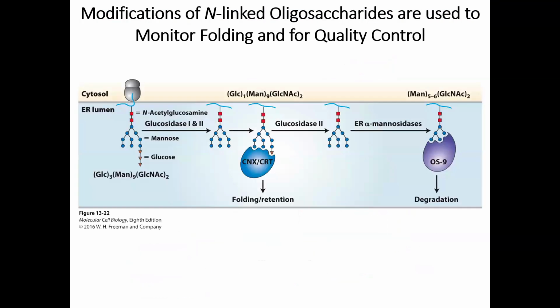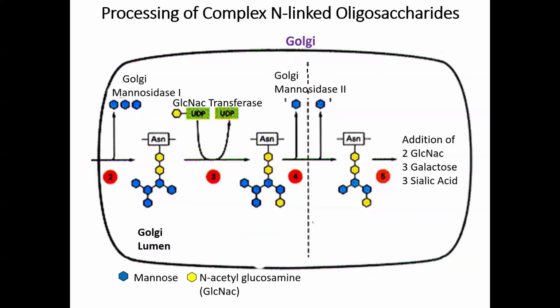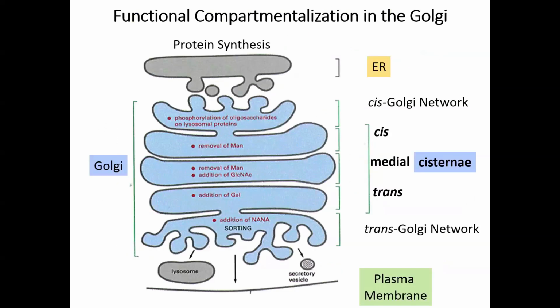So that is what you are going to get in the Golgi. Now, see that right here, oligosaccharides with the lysosomal proteins: removal of the mannose, addition of N-acetylglucosamine, addition of galactose, addition of N-acetylneuraminic acid, or the sialic acid.